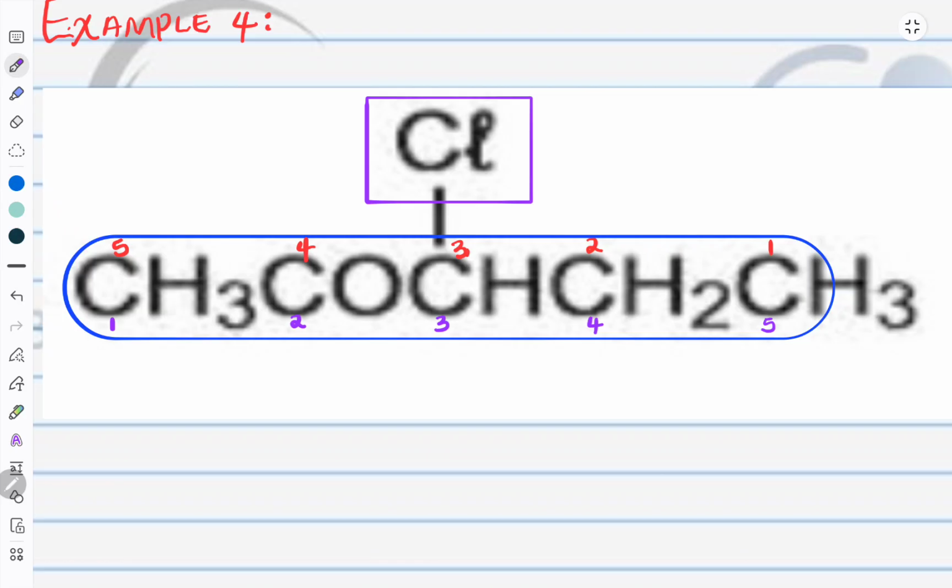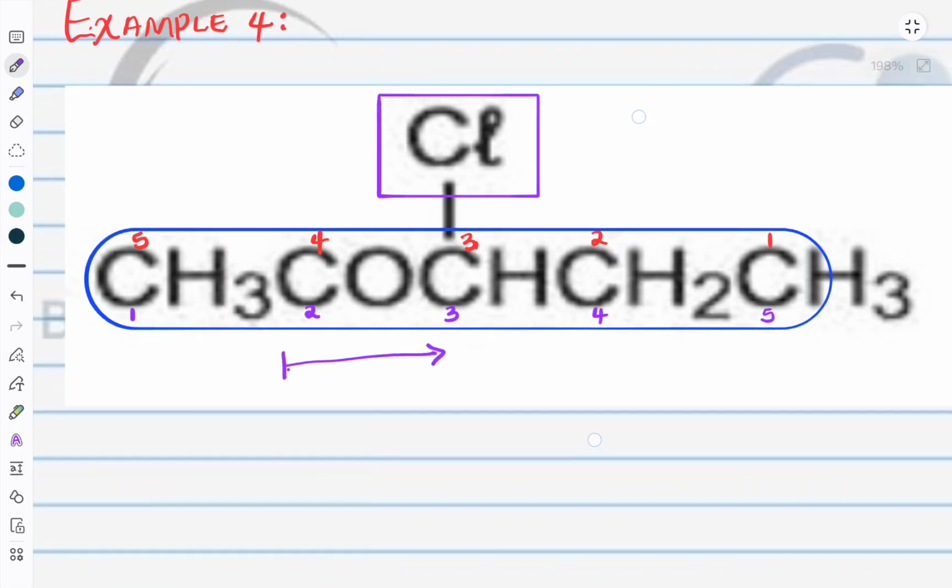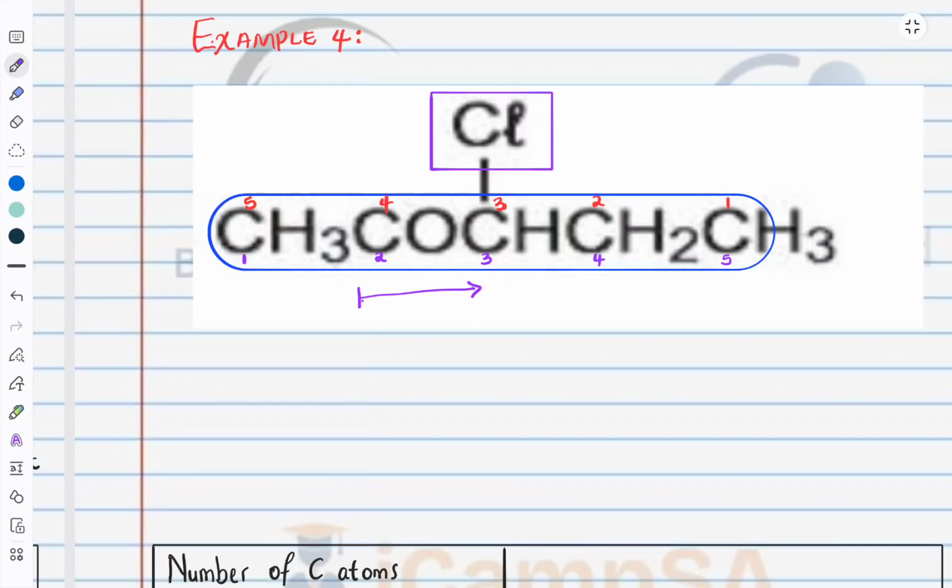So if I check numbering from left to right, I get my carbonyl group to be nearest to the far end, closer to where I started numbering from. So therefore, numbering from left to right is our best option currently. And then if we check, we find that our substituent, the chlorine atom, is on carbon atom number 3. That's another thing to note. And then the length of our carbon chain is 5. So if it's 5, then that means it's pent.